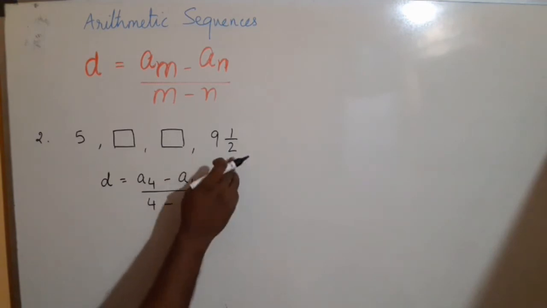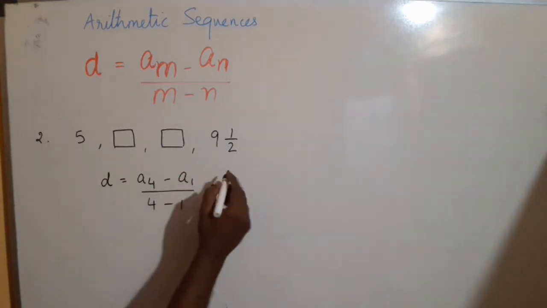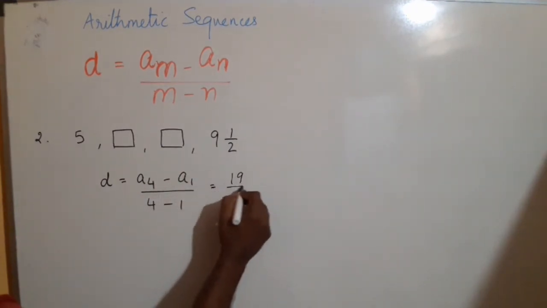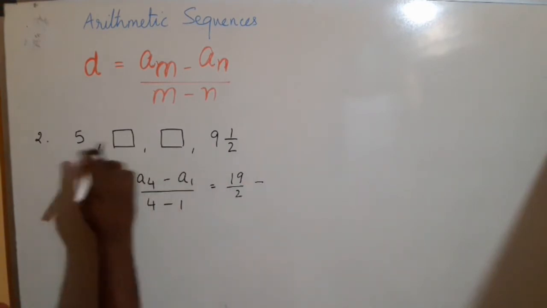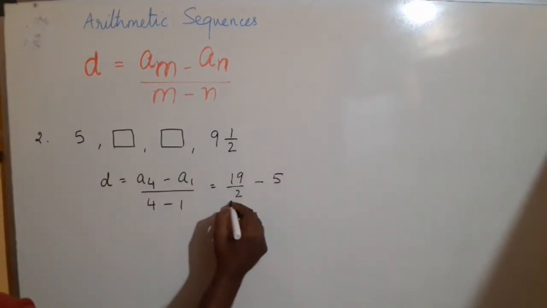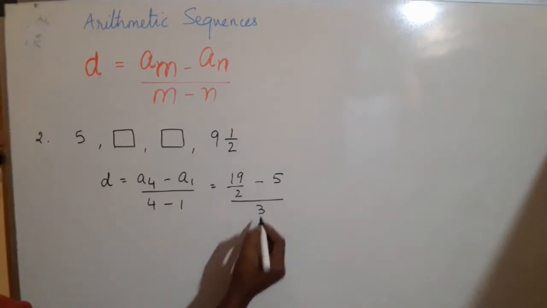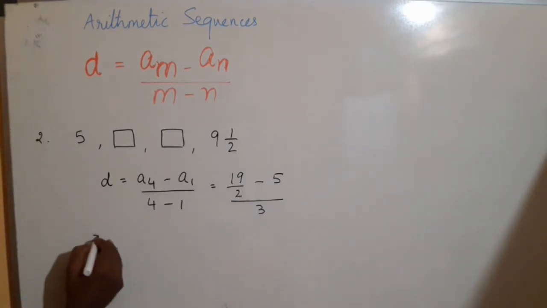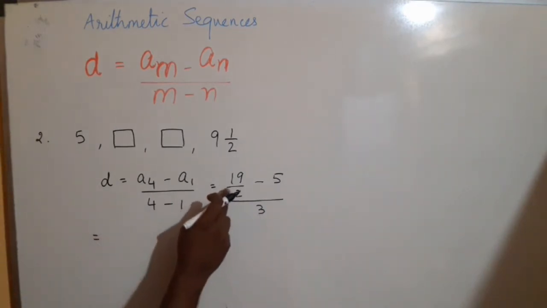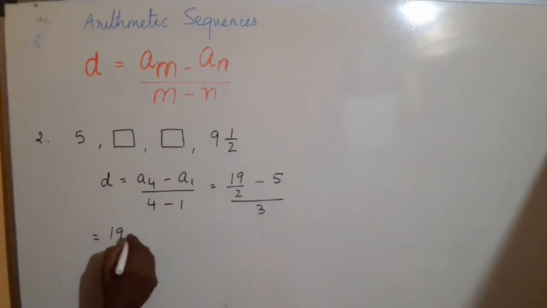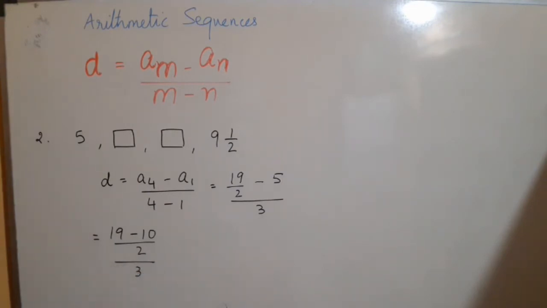now let us simplify, 9 2s are 18 plus 1 19, so 19 upon 2 minus 5 upon 4 minus 1, which is 3. This gives us by the LCM 19 minus 2 5s are 10 upon 2 the whole upon 3.